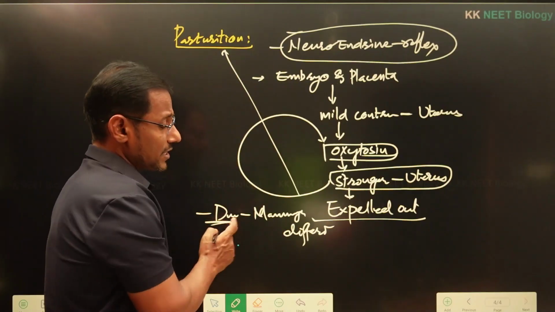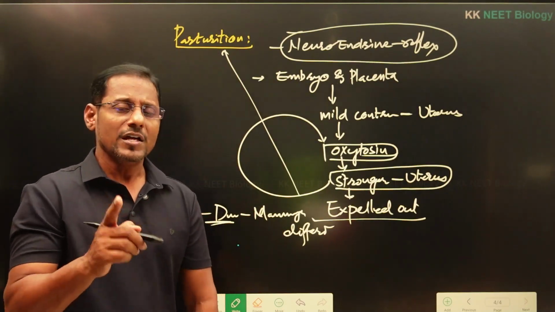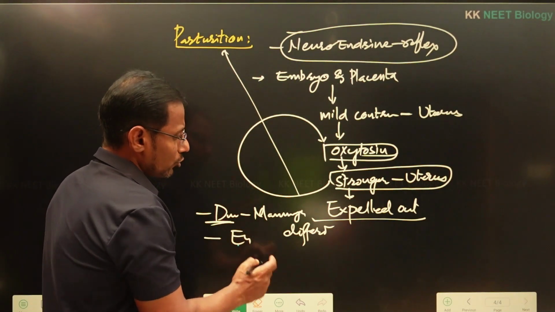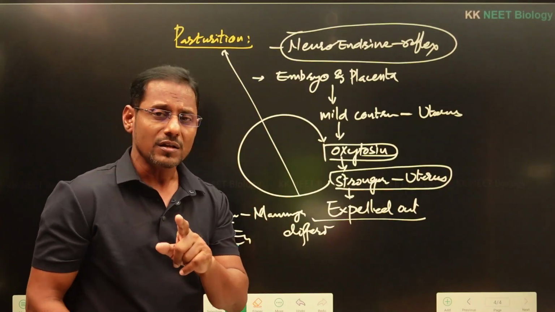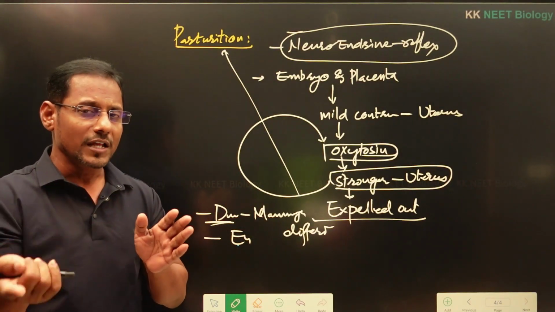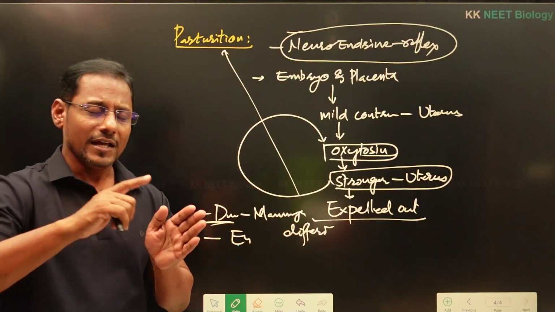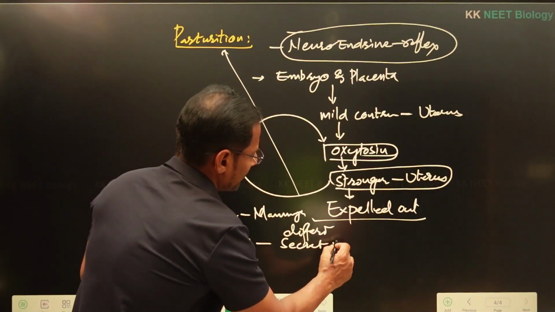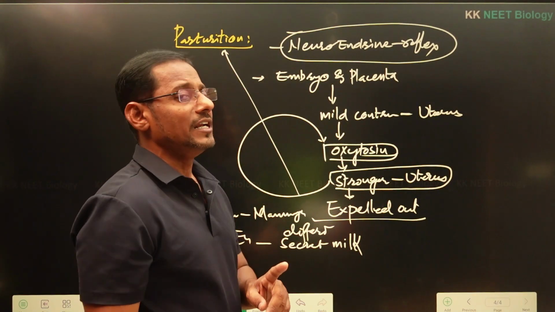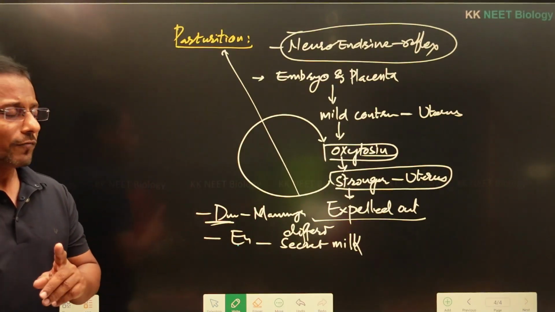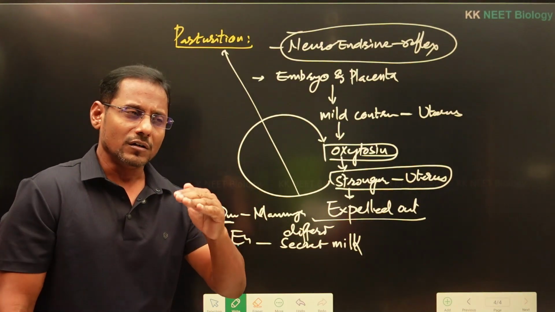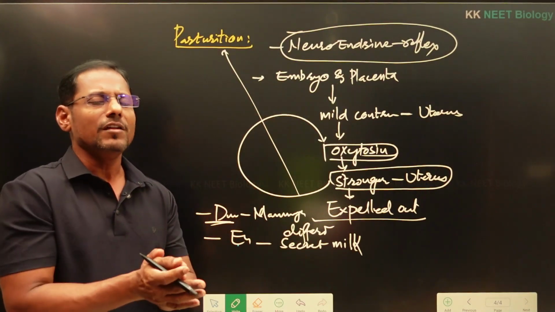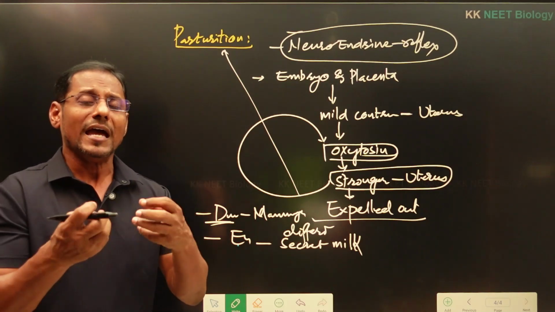Remember, during the pregnancy itself the mammary glands are differentiated, and at the end of pregnancy, not after the delivery, at the end of the gestational period, the mammary glands secrete milk. Not after the delivery, remember this point. Just before the delivery itself, the mammary glands secrete the milk.